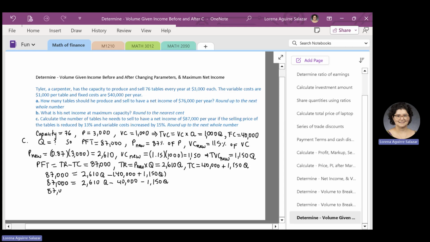We have this equation that involves Q and some numbers. We're trying to find Q. We got to this equation by forcing profit to be 87,000.